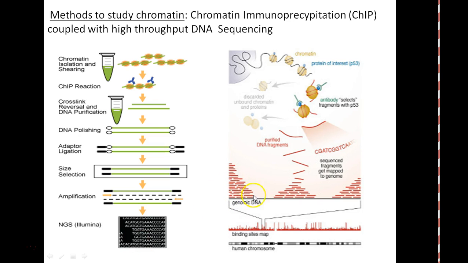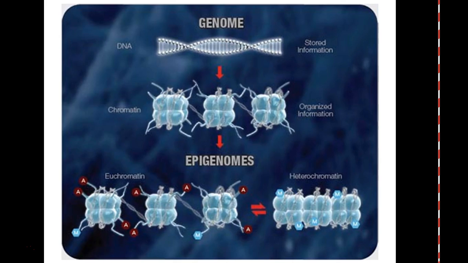This way we can map the location of the nucleosomes on the genome-wide scale. So this is one of the approaches. It's very commonly used, and this is a very good way to understand where the nucleosomes are, and understand more about their occupancy and their dynamic properties.